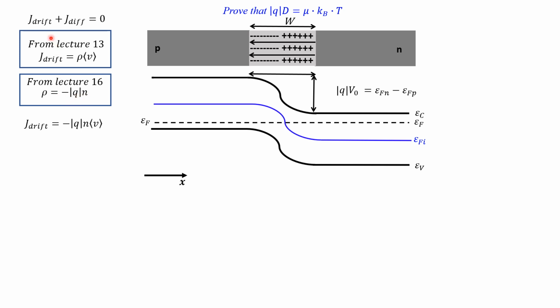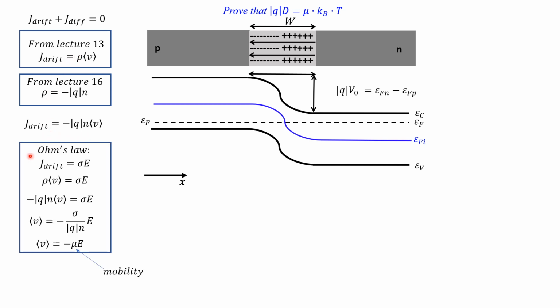So in this sense, the drift current for electrons is given by this expression, where we just replace the concentration in here. So notice that we're going to use in this lecture this condition when applied to electrons. We could do the same thing using the condition for holes. We would end up with the same result. So we can prove this identity either using electrons or holes, and I chose to use electrons.